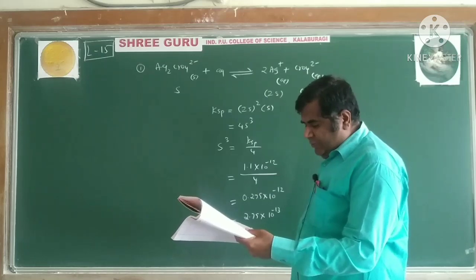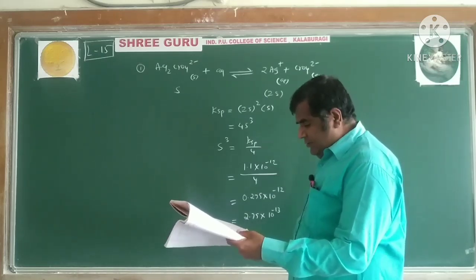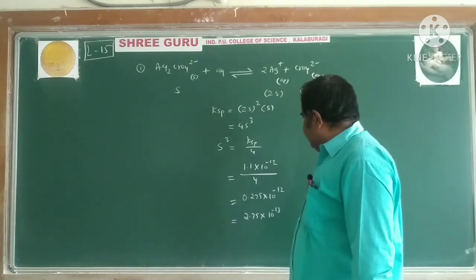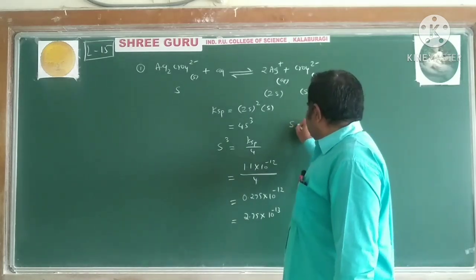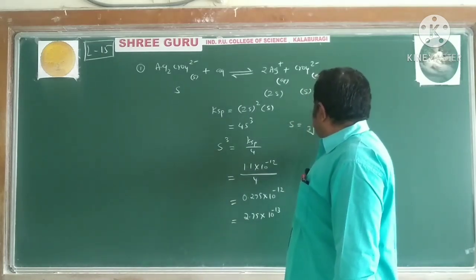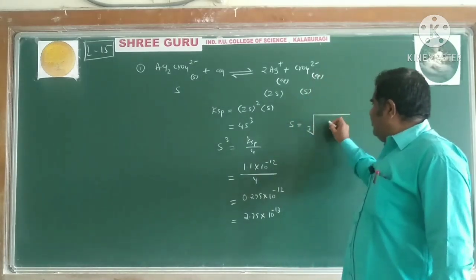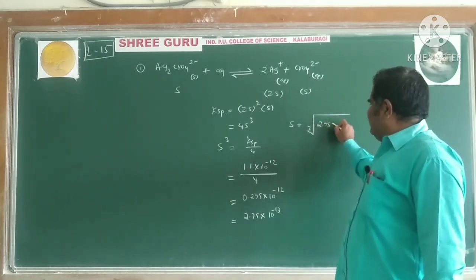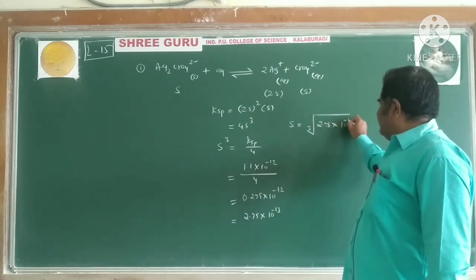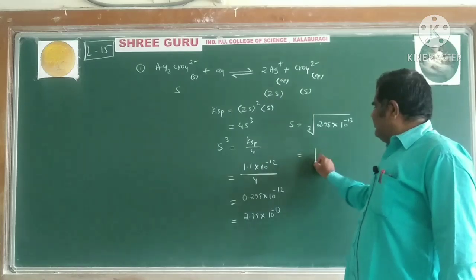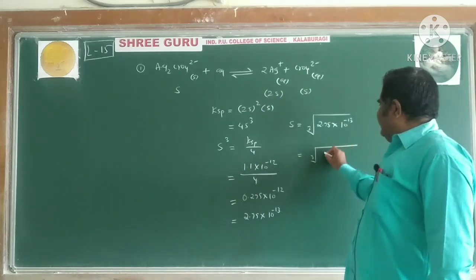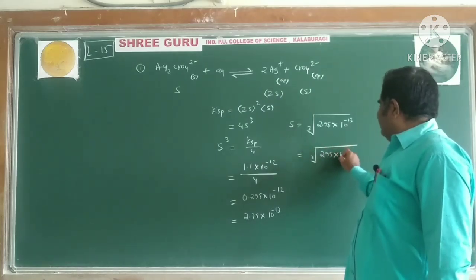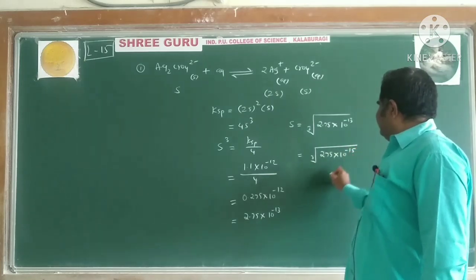And how do we calculate the cube root of 2.75 into 10 raised to minus 13? You can take this as 275 into 10 raised to minus 15.